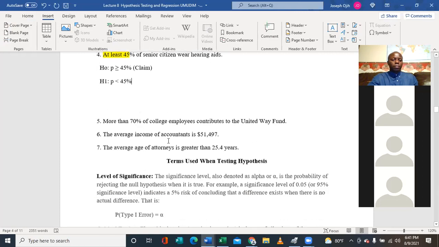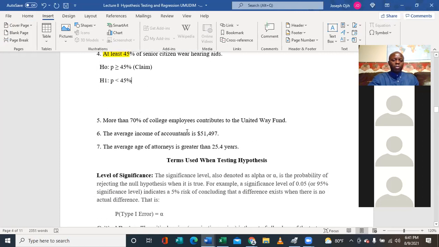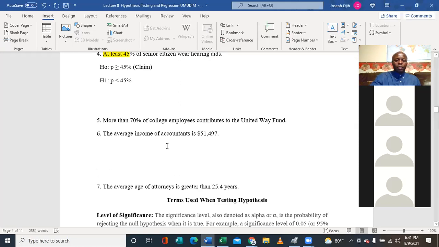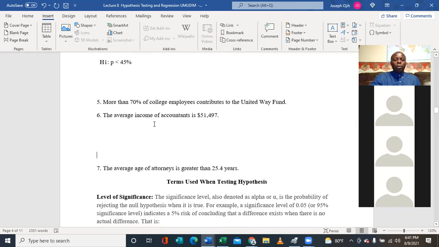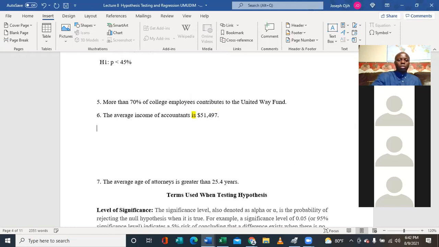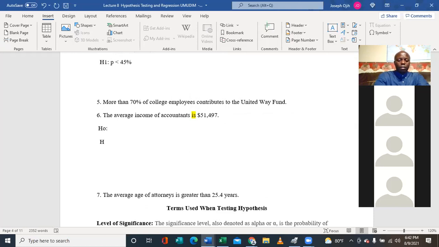Now let's try one more example, only one more, and with that you can do the rest as practice. Look at this one here. It says the average income of accountants is equal. Is means equal, and you can use the equal symbol in the null hypothesis.